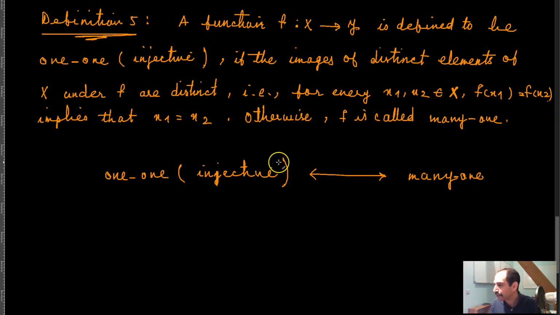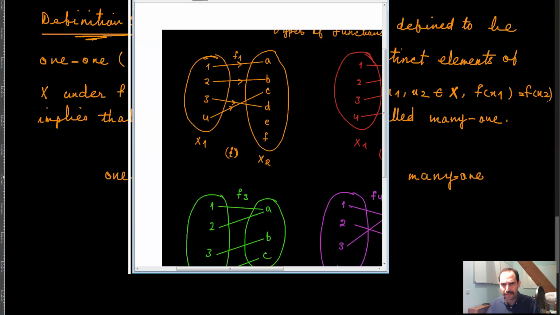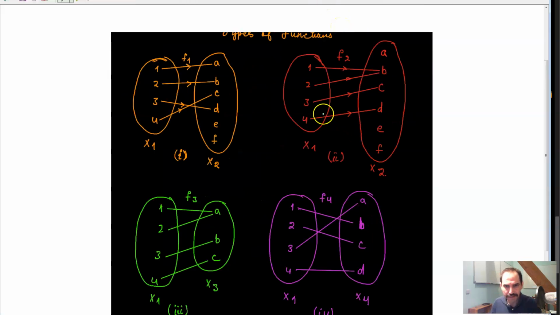Now, we had 4 illustrations here, and in order to show you what I mean by 1-1 or injective, the functions f1 and f4 are 1-1, and the functions f2 and f3 are many 1. If you take a look at this illustration, you can see that all of the elements of x1 have distinct elements in x2, and all of the elements of x1 here have distinct elements in x4.